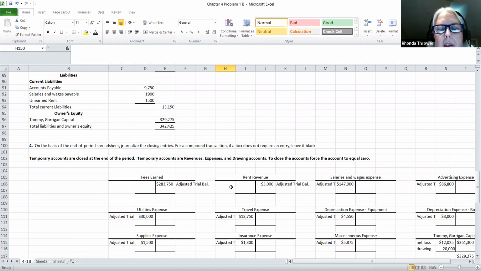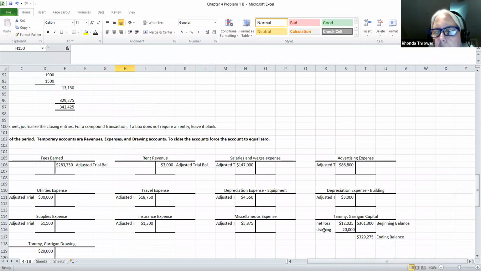Now, what I did is I chose to put the T accounts for each one of my temporary accounts with the exception of capital. Let me talk to you about capital for just a minute. Capital is not a temporary account. Capital is a permanent account.